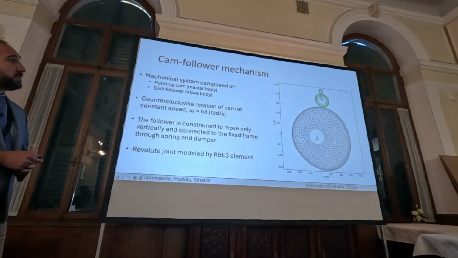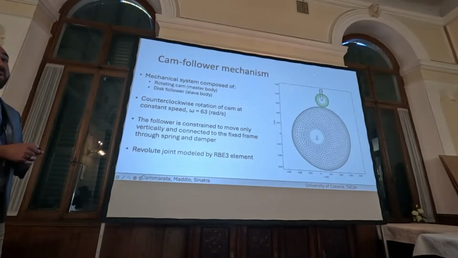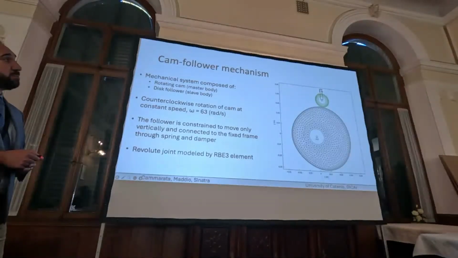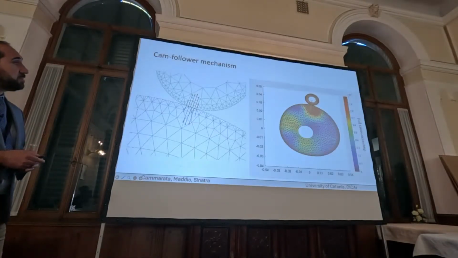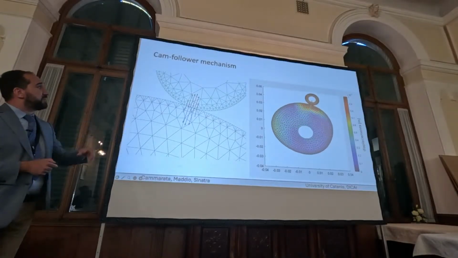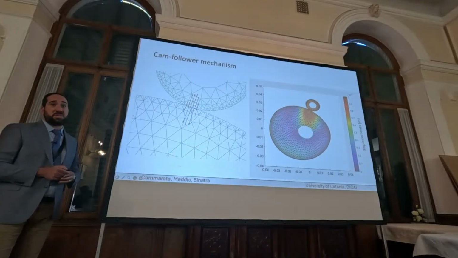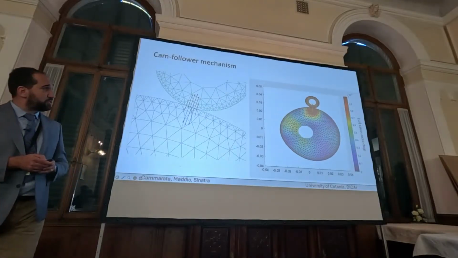The contact is between this cam and this cylindrical profile, which can only translate along the y direction and is connected to the frame by means of a stiffness and a damper. So what happens during the simulation? In this part, you can see the distribution of forces in one frame of our simulation.